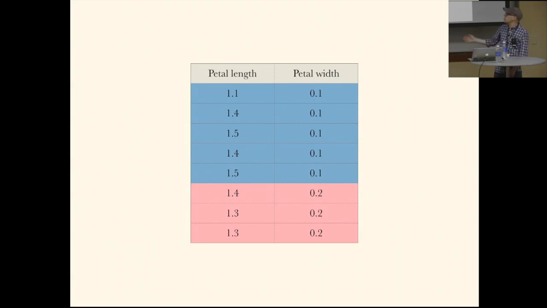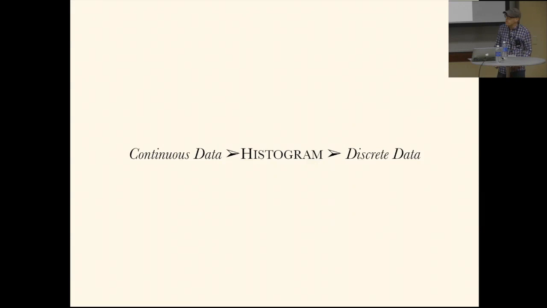As you can see, I've grouped all the flowers with petals of width 0.1 together, and all the flowers with petals of width 0.2 together. It's important to note this is one possible aggregation I can make over this data. There are others. But the important thing is that the input of the histogram is continuous data, and the output is discrete data. It's not a picture.